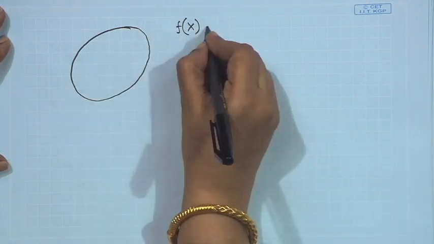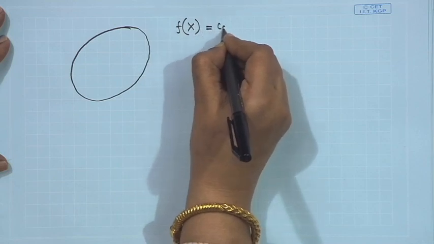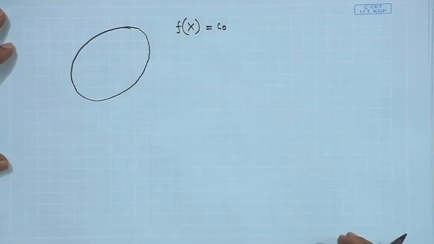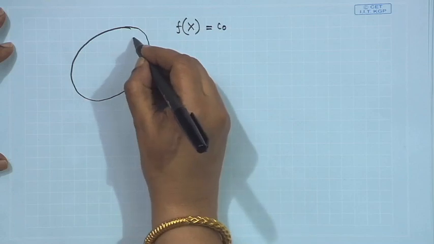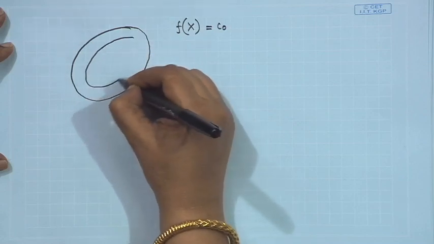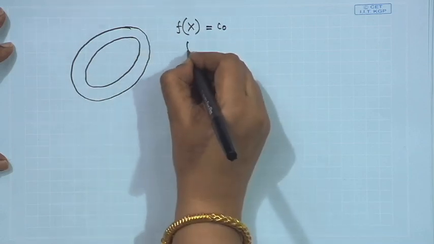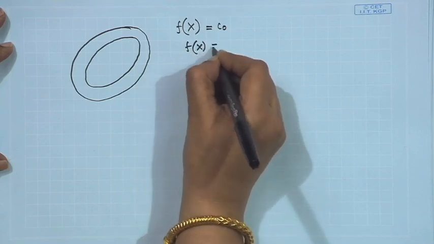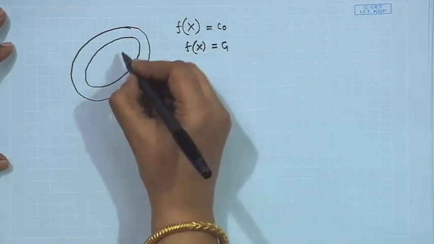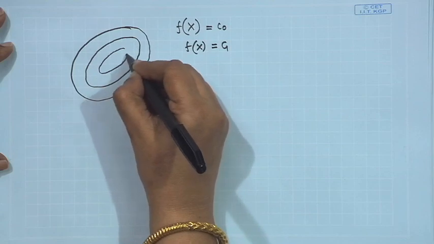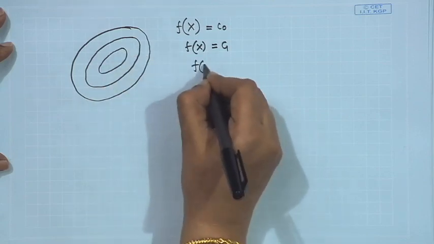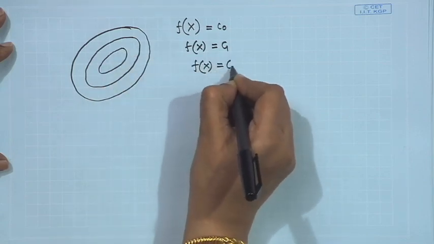That means f x will have a certain value at this position. Now, we can have another level set like this, where the functional value would be different, say C1. There can be another level set like this, where the functional value would be C2.